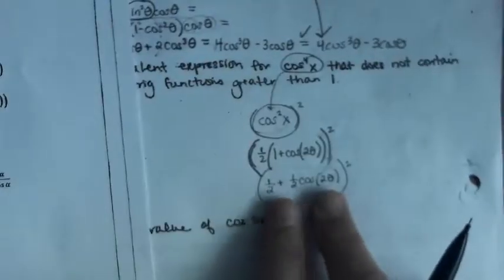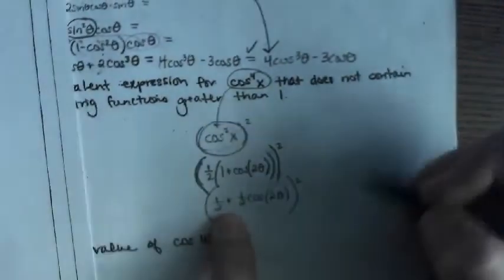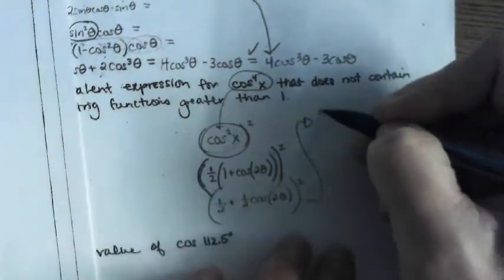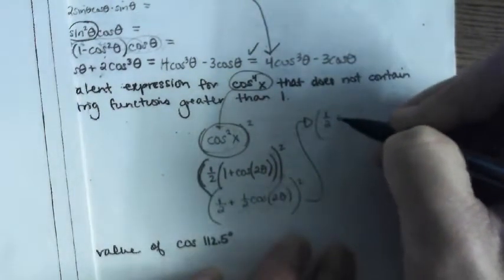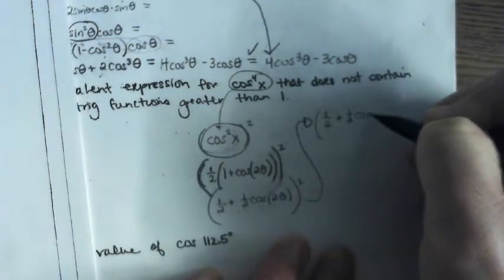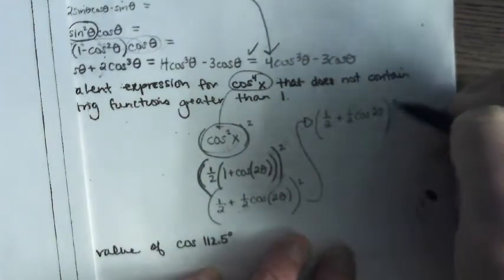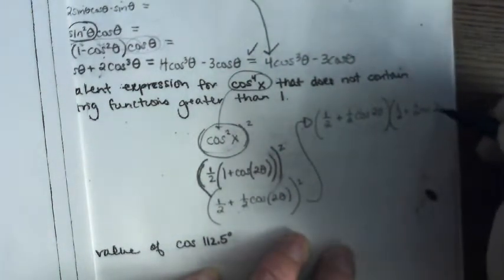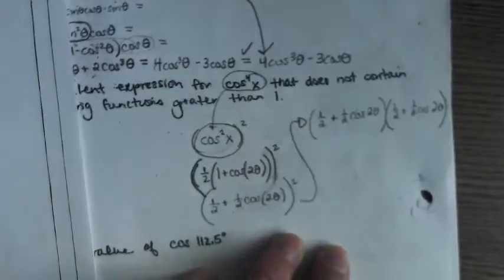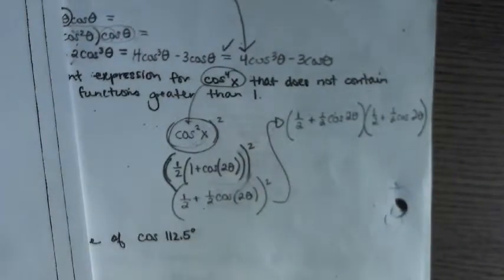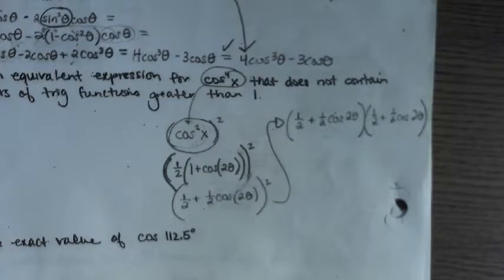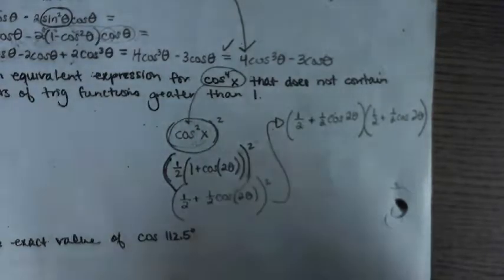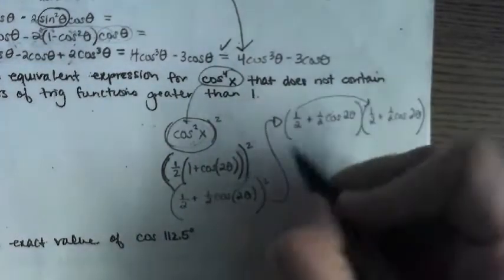So I am going to square this now binomial by expanding it. And I'll FOIL it out. So 1/2 times 1/2 is 1/4.